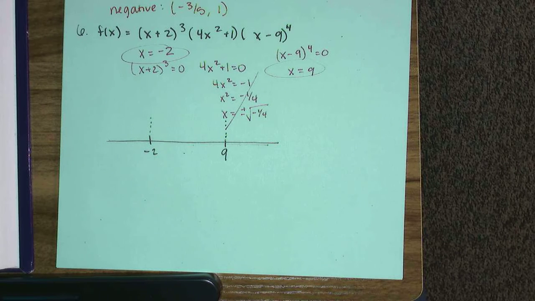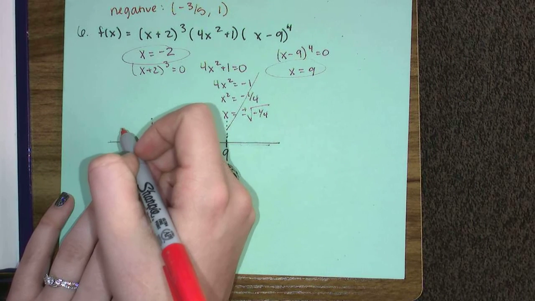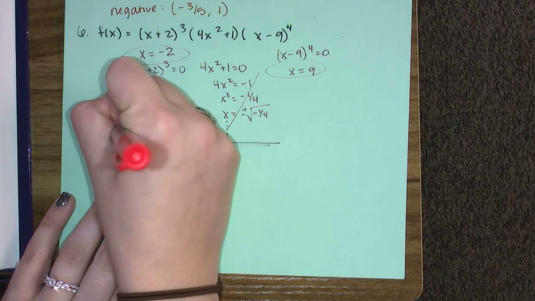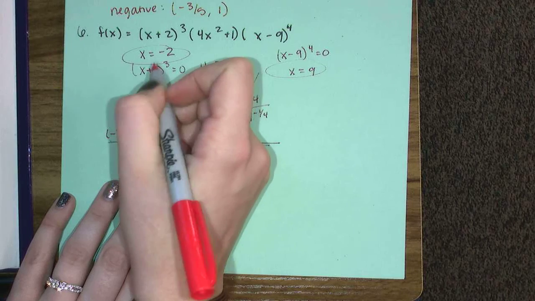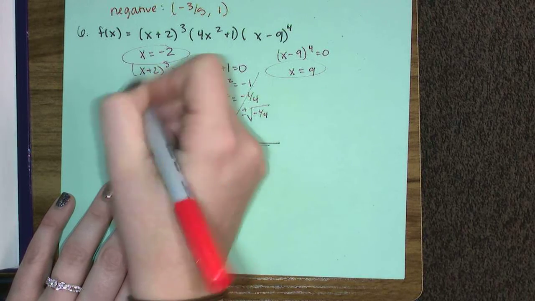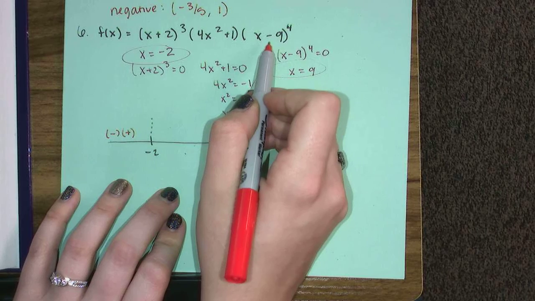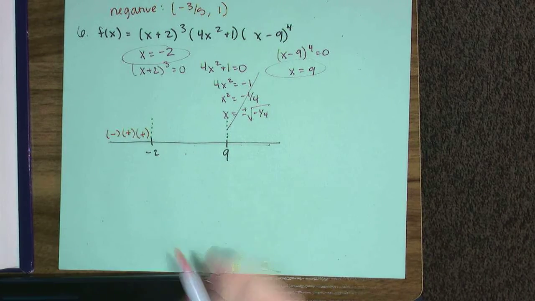Okay, some negative number that's, I guess, smaller than -2 technically. -3. What happens if I put -3 in for x in each of these? Okay, it's negative because -3, this is going to give you -1, and then -1 cubed is still negative. Okay, is there any way for this term over here to ever be negative? Nope. Okay, so this is negative.